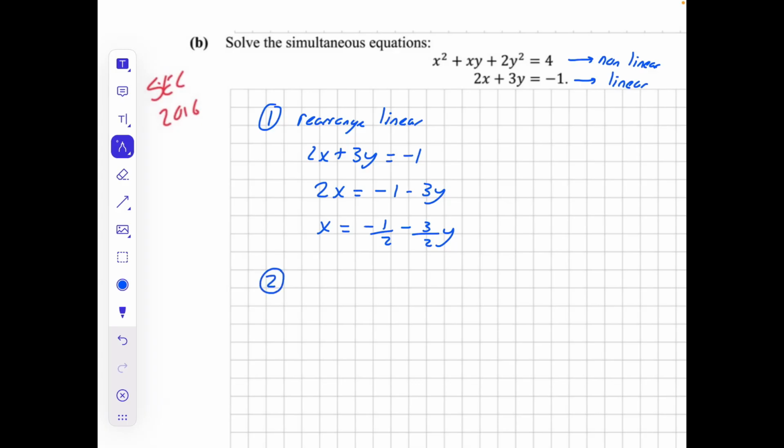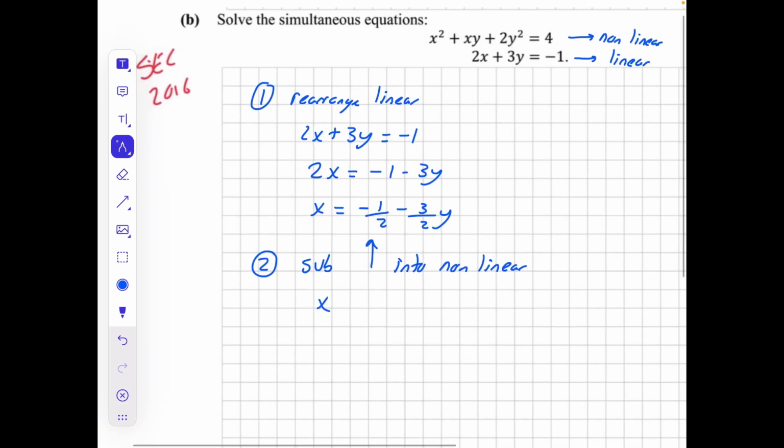That's step 1 done. Step 2 then, we're going to sub this guy here into my non-linear. Okay, so my non-linear, I'm just going to write it down here so I have everything together, is x squared plus xy plus 2y squared is equal to 4.